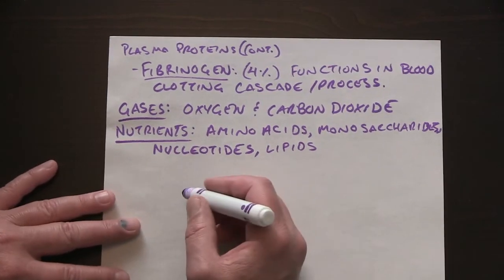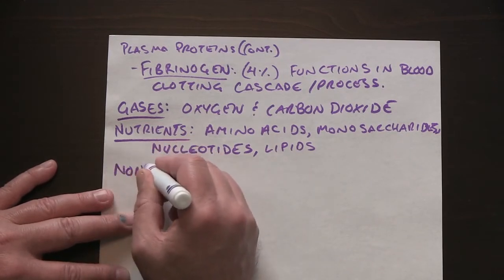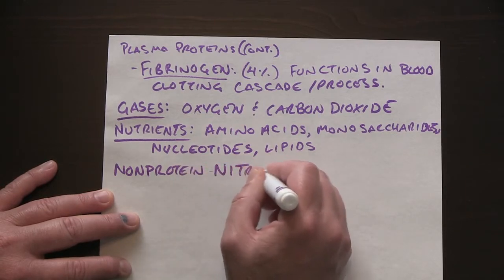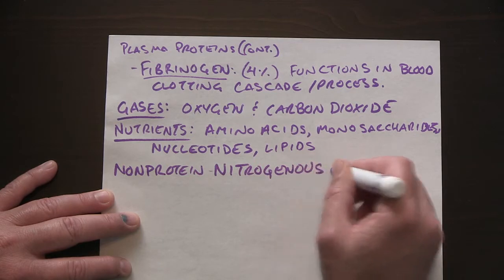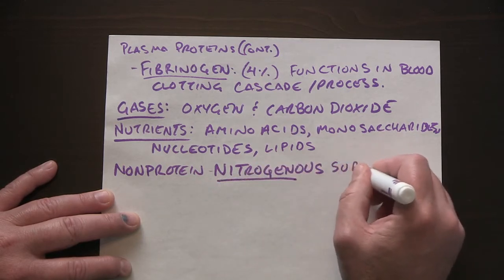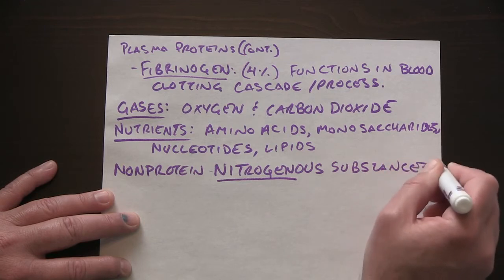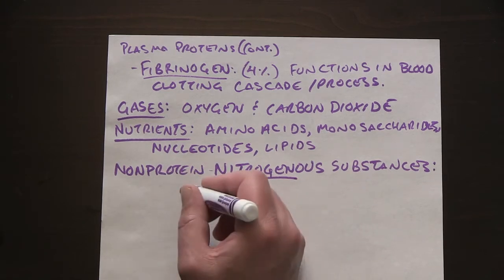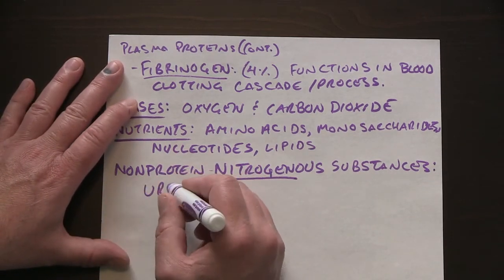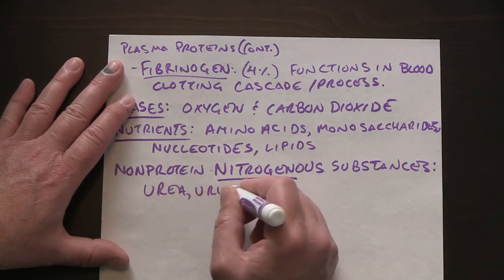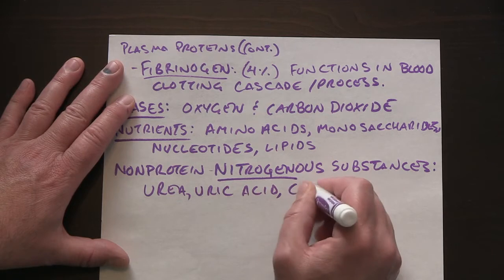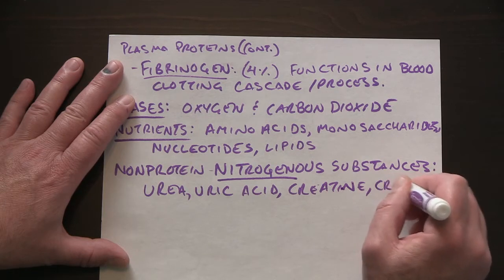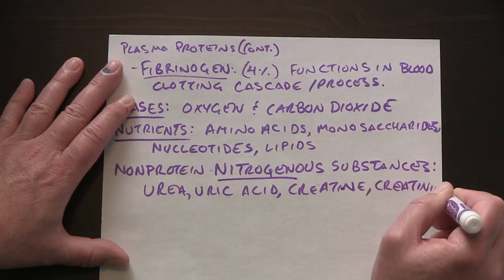There are other non-protein, they call it non-protein nitrogenous substances, which means that they contain nitrogen. For example, this is going to include urea and uric acid, creatine and creatinine.